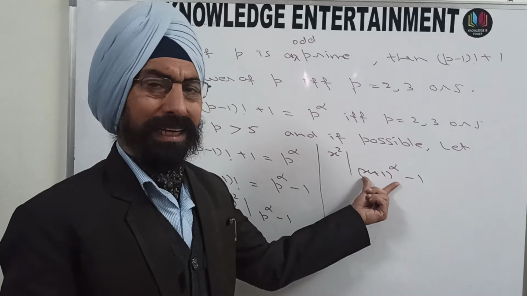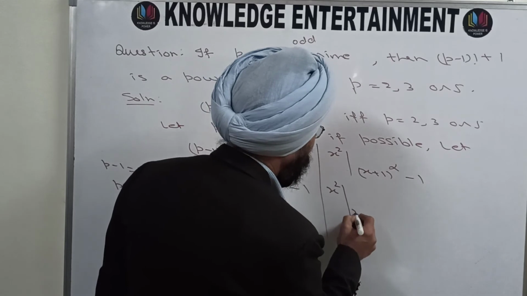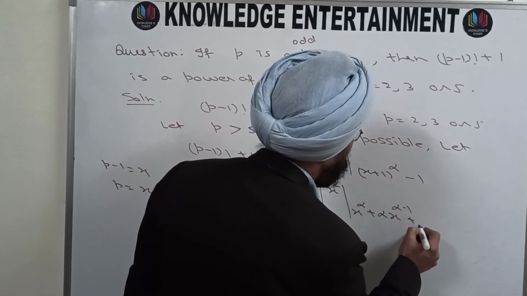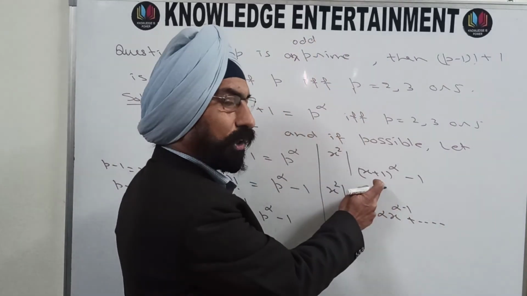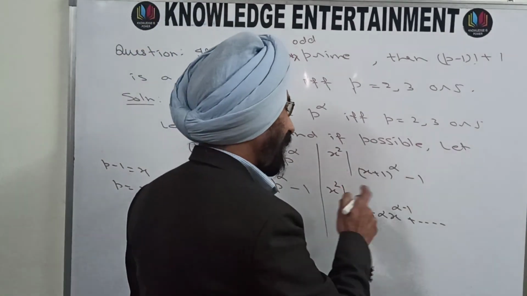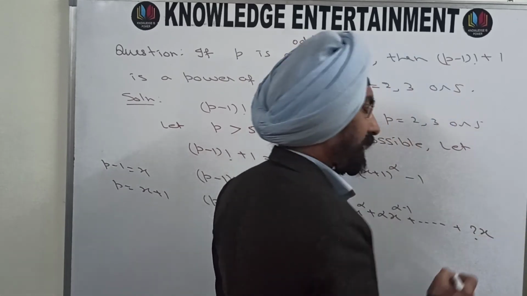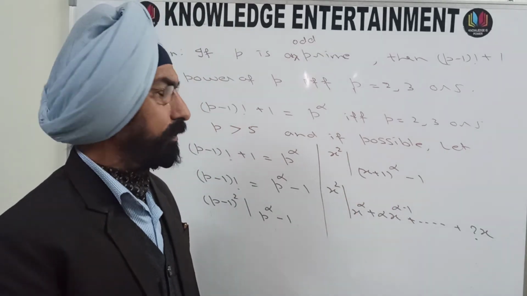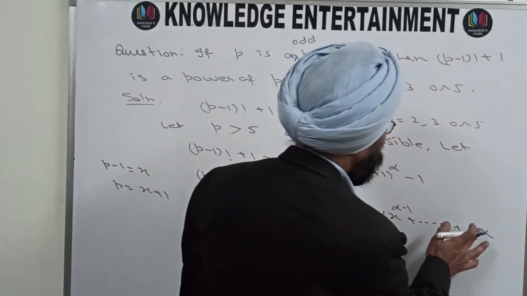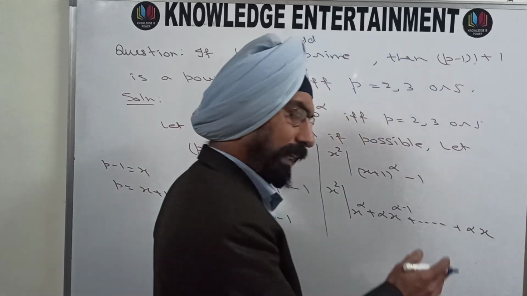And when you expand this using the binomial theorem, x square divides x power alpha plus alpha times x power alpha minus 1 plus, and so on. At the end of this expansion you will get the term 1, but there is minus 1 also. So 1 and minus 1 will cancel, and the second last term, that is some multiple of x, will be the last term now. So x square divides this term, and in fact here you will get alpha x. You will get alpha times something.